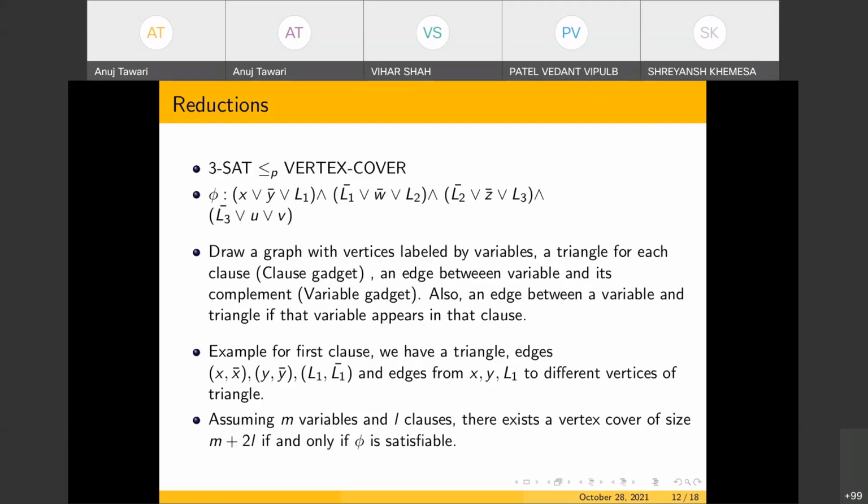So how should we prove this? Any ideas? First, maybe let's look at this direction. If there is a satisfying assignment for phi, then there exists a vertex cover of size m plus 2l.